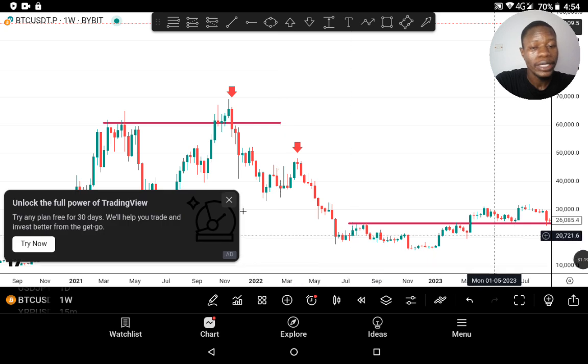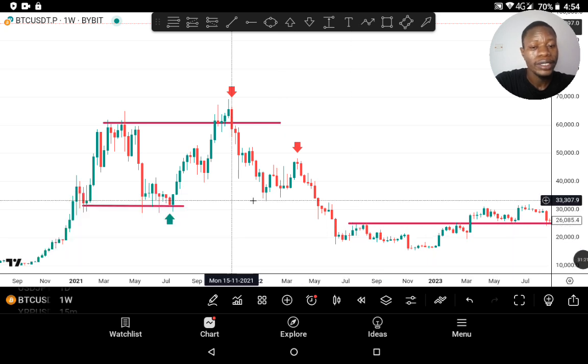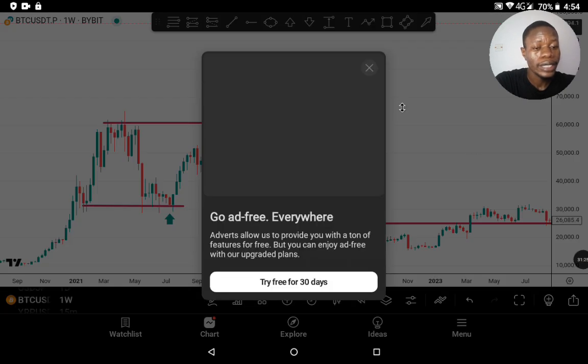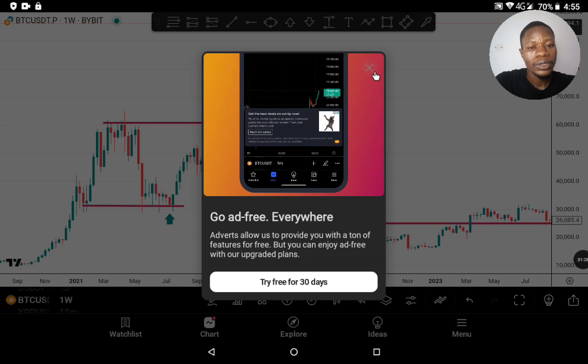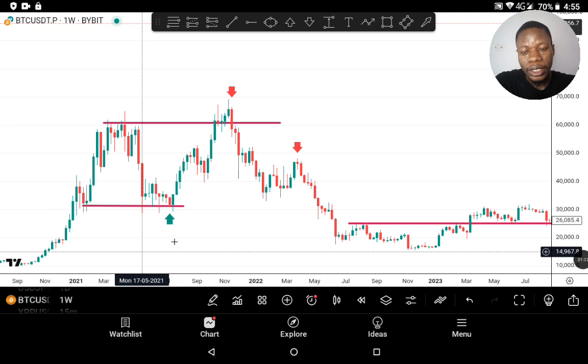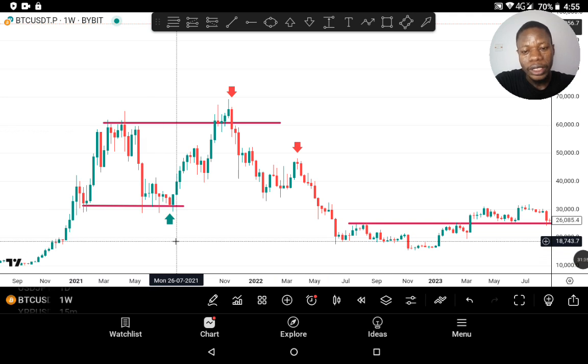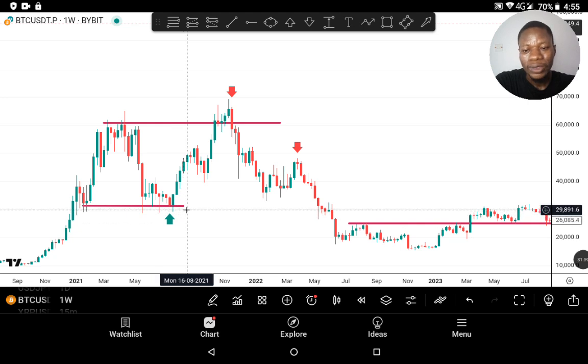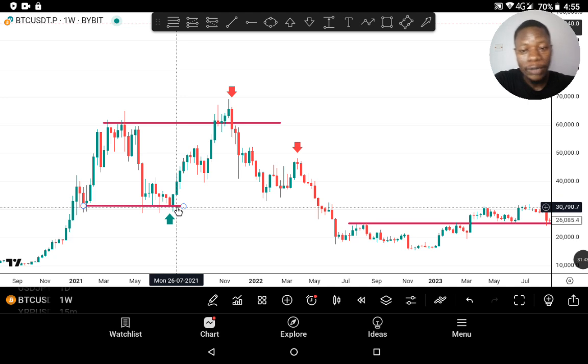It is the level that is a rounded figure. This is 30,000, when BTC was at 30,000 in 2021, around July. So this level is also a valid level for us.